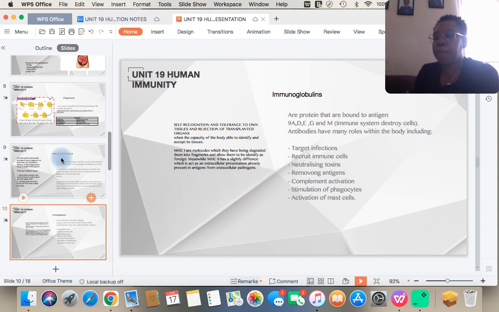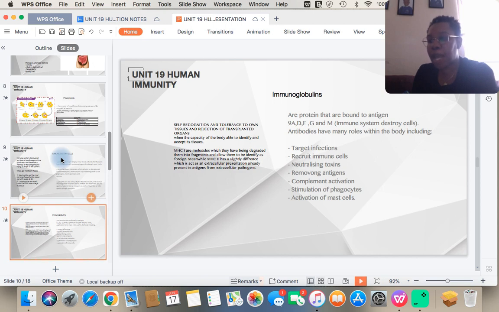Self-recognition is the capacity of the body to identify and accept its own tissue. The immune system experiences antigen through the MHC, known as major histocompatibility complex. There are 2 sets of cell surface proteins. The first one is molecules which degrade antigens into fragments and allow them to be identified as foreign.